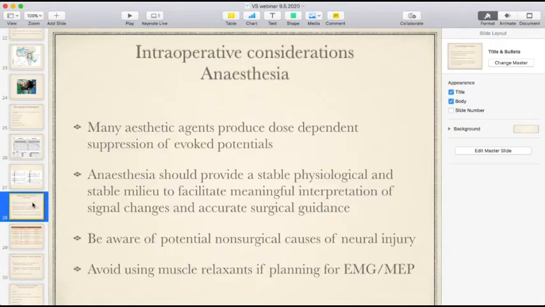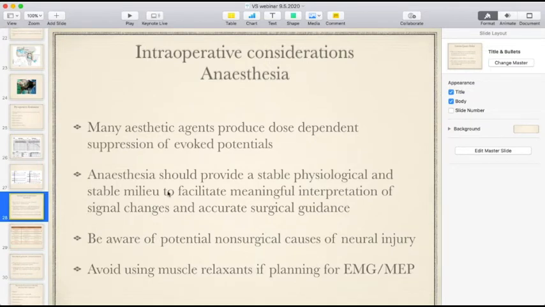Coming to intraoperative considerations during vestibular schwannoma surgery, many anesthetic agents produce dose-dependent suppression of evoked potentials. It is extremely important to have a neuroanesthesiologist who understands how to administer anesthesia for neurophysiological monitoring.